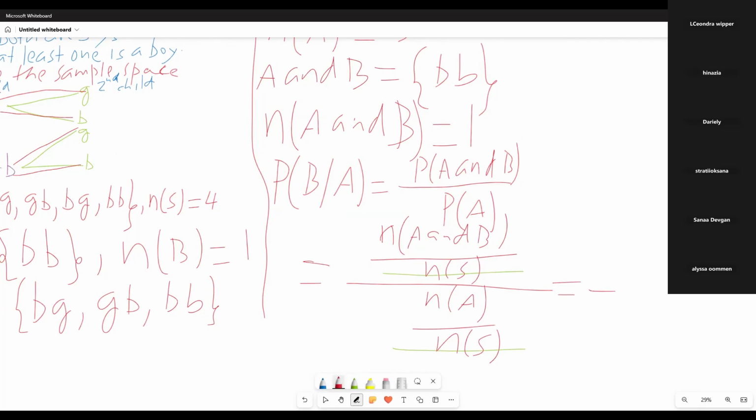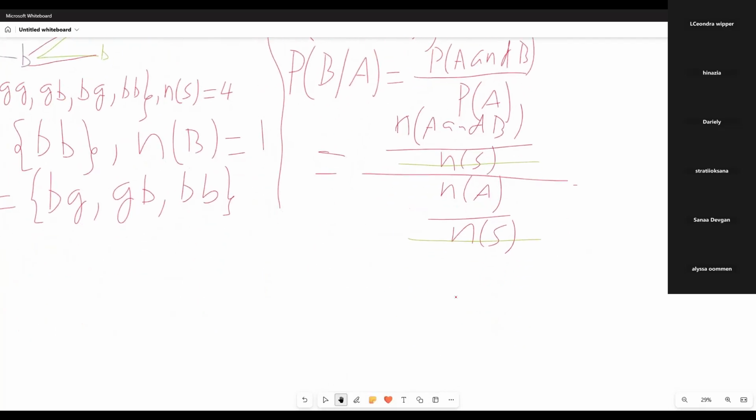That gives you only N of A and B over N of A.